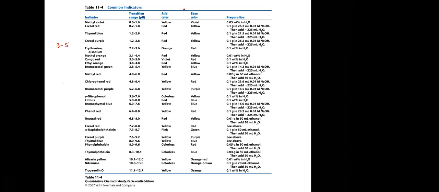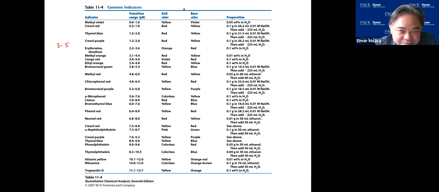No. Okay, the answer is no. Why? Because it will remain the same color. If we're monitoring the pH transition between 3 to 5, your thymol blue will always be what color? Anyone?